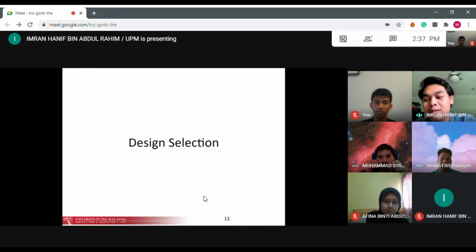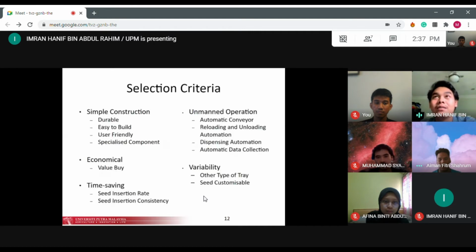Thank you, Syamim. Okay, now we have our five conceptual designs, and in this session we are going to develop our best design. This selection criteria is derived from the design requirement mentioned by Aiman previously.